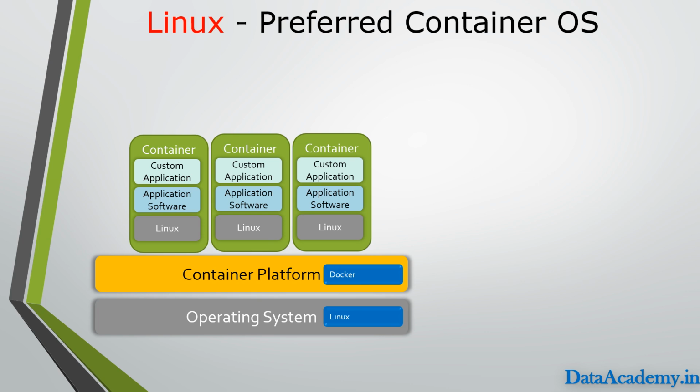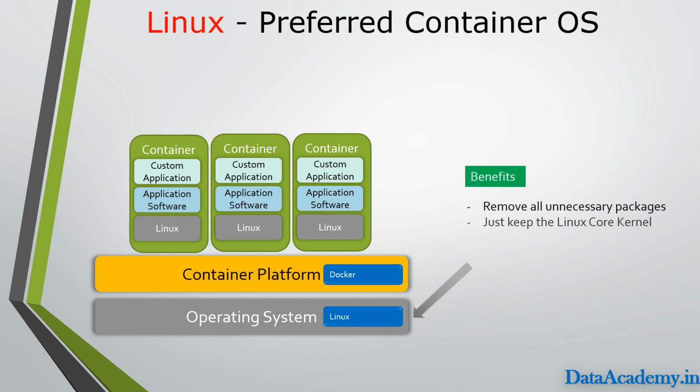You can not only download it, but you can customize it to a great deal, provided you know how to use the source code of it. And Docker was always built for Linux. Docker as a container platform, which is a software, was built for Linux. Now, the obvious choice to build my container operating system is also Linux.